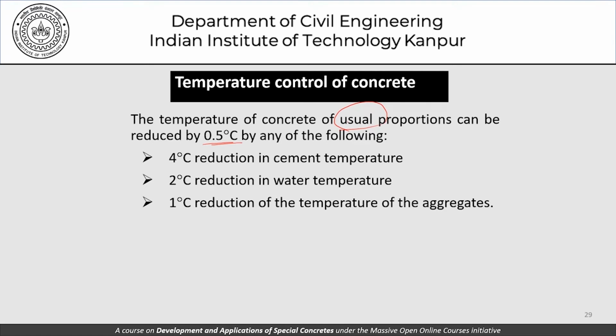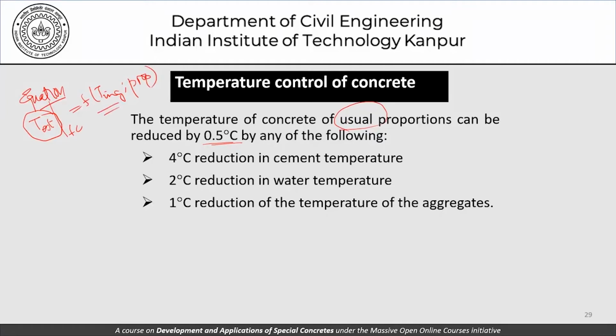the aggregates. In an assignment in the last class or perhaps the previous one, I had asked you to try to look for an equation which allows you to determine or estimate the temperature of fresh concrete given the temperature of the ingredients and their proportion.